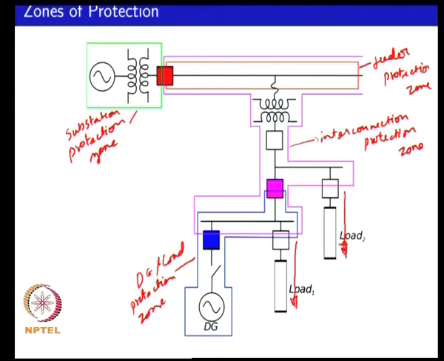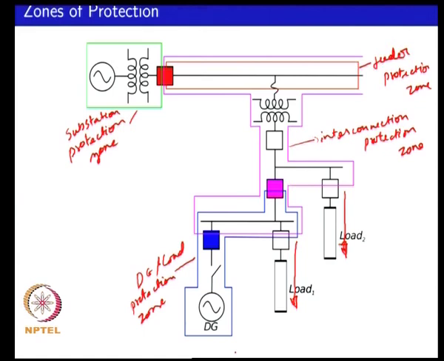So, when you have your overall system, you want to ensure that every part of the system is protected, and you do not have zones that are left out unprotected. You might also have a situation where you have maybe just the DG, or maybe just the grid, or a combination when both DG and grid are operating, and in all those situations you do not want any possibility of some zone being left unprotected.